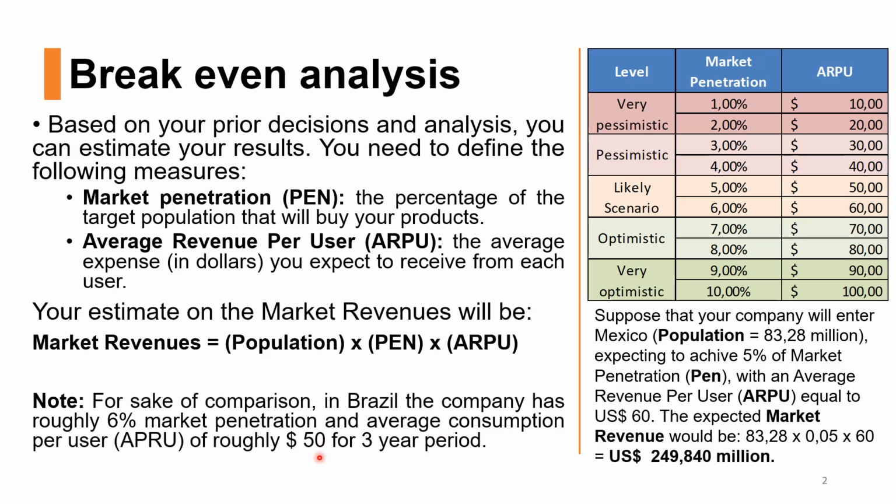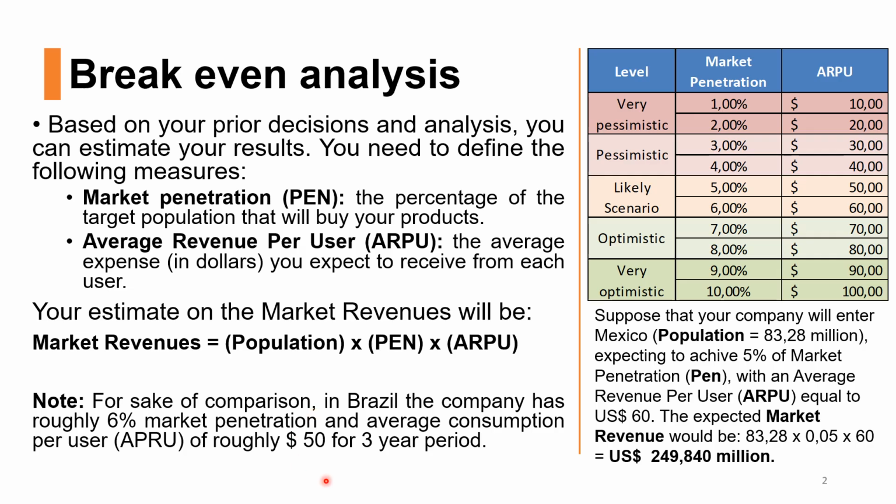So, every time you use more than 6% for a new market you're entering, you're assuming that you are going to be more successful in the target market compared to the traditional market here in Brazil. So with more than 6% of market penetration, you're being very optimistic about your results.